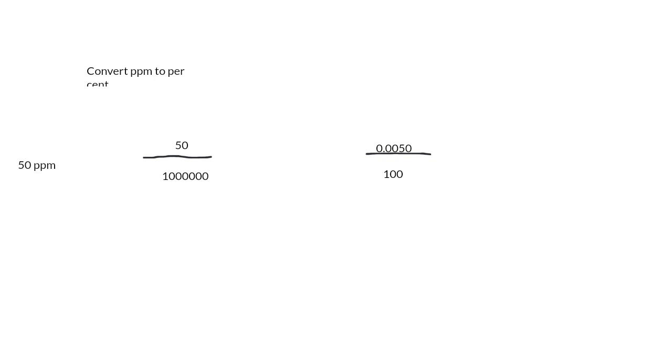And you would agree that's moving the decimal from 50 4 places to the left. 1, 2, 3, 4. So when I have 50 parts per million, I have 0.0050%.